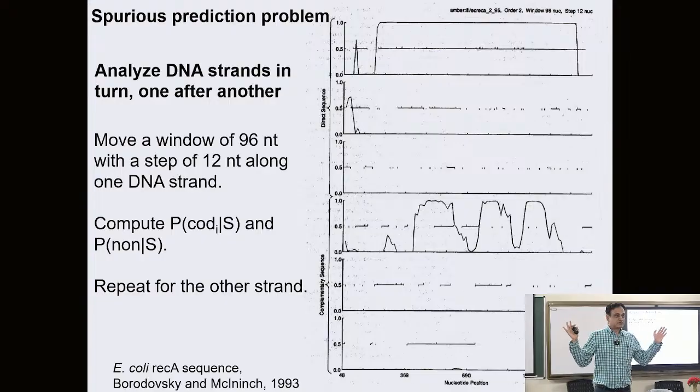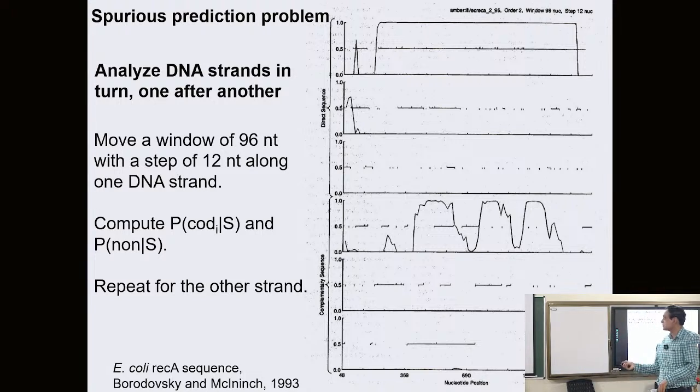People called this the gene shadow. There is a gene in this strand, and on the other strand, opposite to the gene, there was a prediction because of these spurious signals that arose.